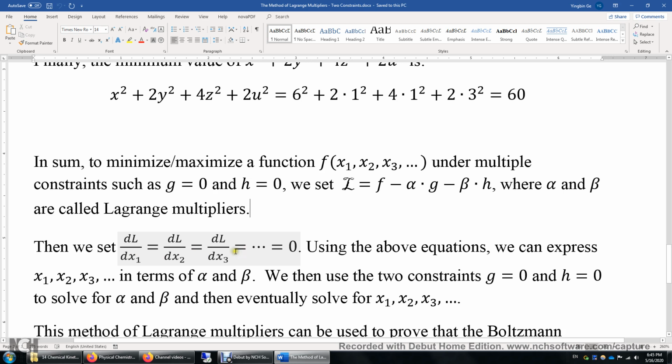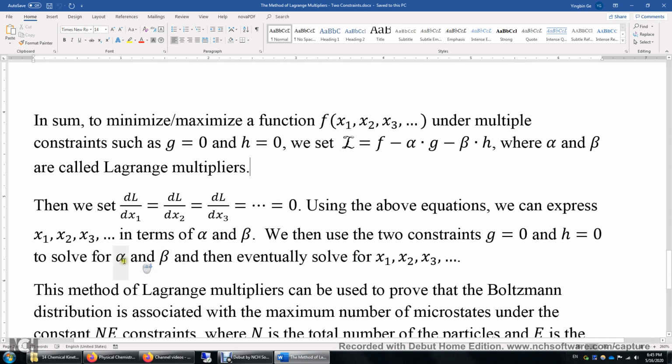With these n equations, we can express these n variables in terms of alpha and beta. And then remember, we have two constraints, right? g equals 0, h equals 0. Now we just plug in the x1, x2, x3 in terms of alpha and beta into the two constraints.